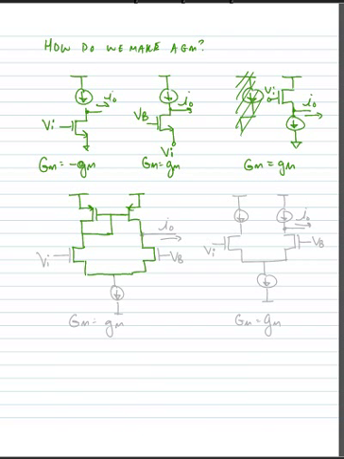So here's our differential pair with a current mirror load. We have a current source to bias the devices. We connect one side of this differential pair to a DC bias VB and the other side of the differential pair to our input voltage VI, and we take the output current flowing through the device.